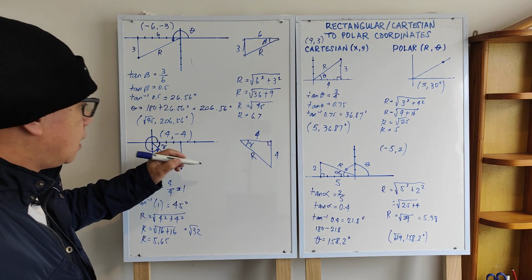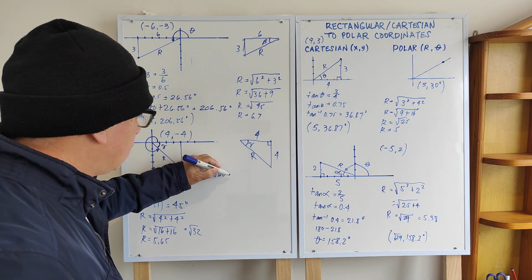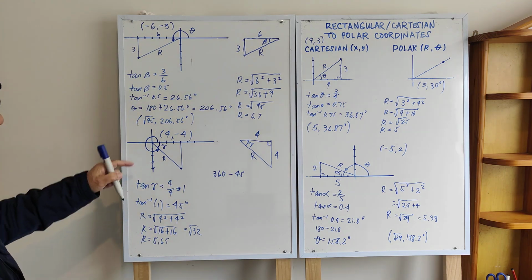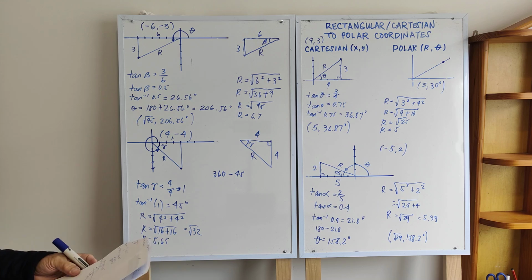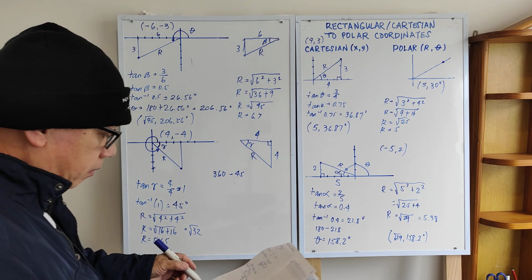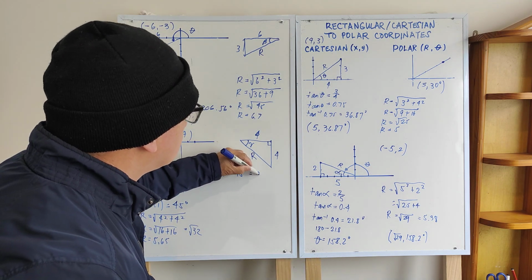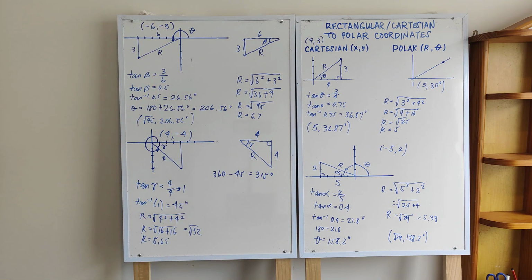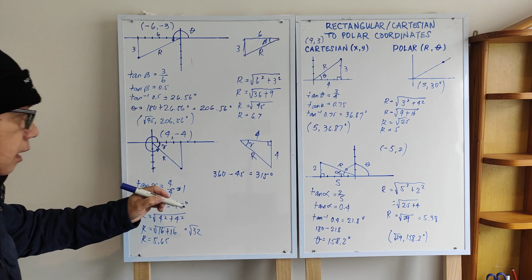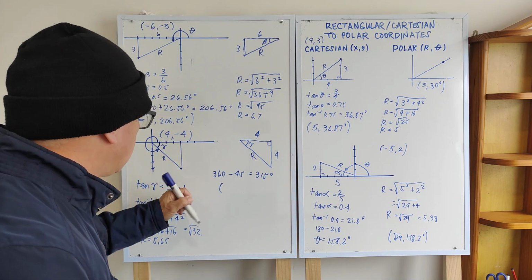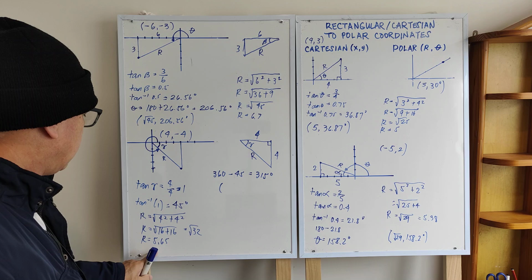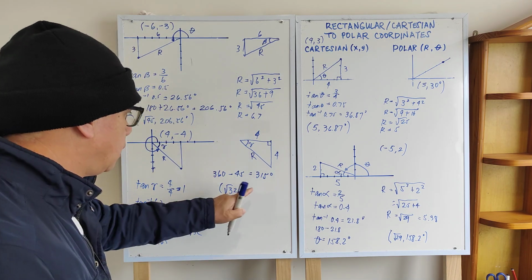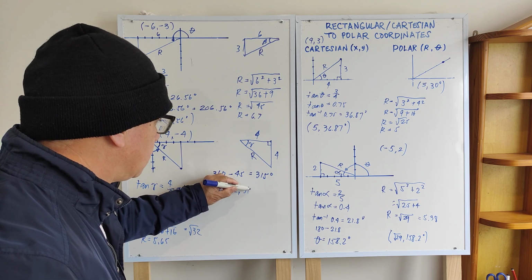We subtract 360 minus 45, which is 315 degrees. So your first answer is square root of 32 and 315 degrees.